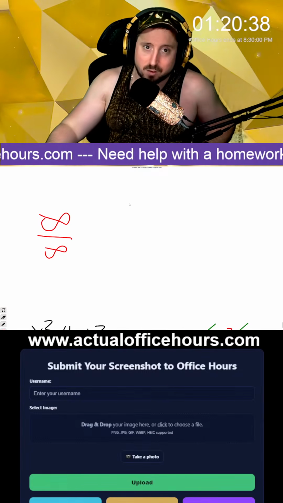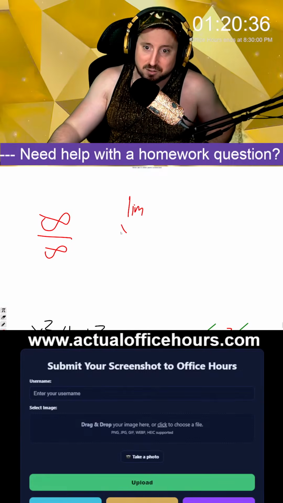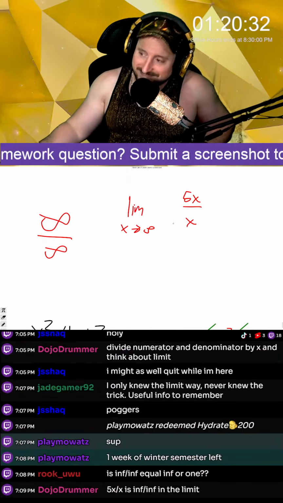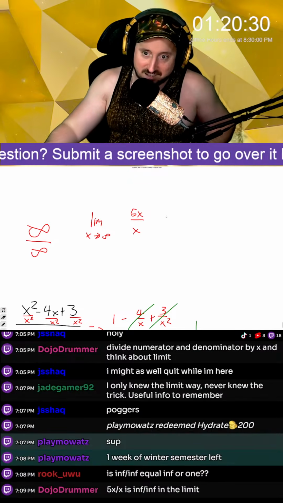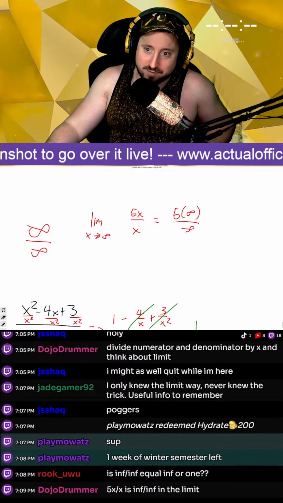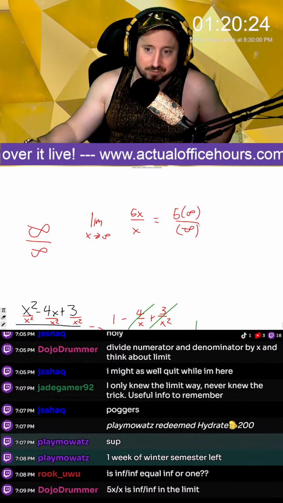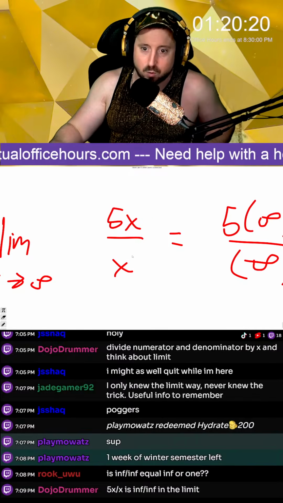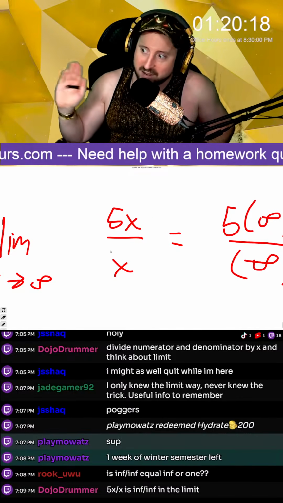Yes, well, okay, so yeah, the limit as x approaches infinity of 5x over x is technically, yes, sure, 5 times infinity over infinity. The difference is we do some algebraic tricks where we say, well, I don't care what x is.